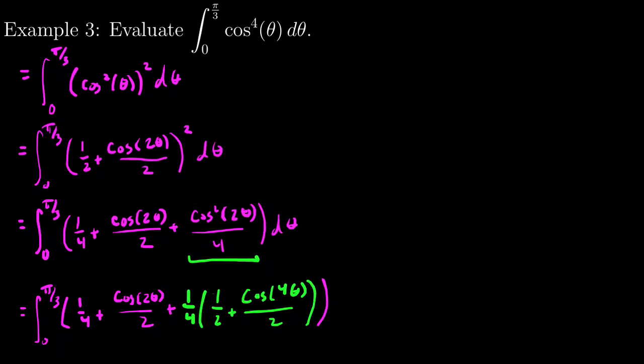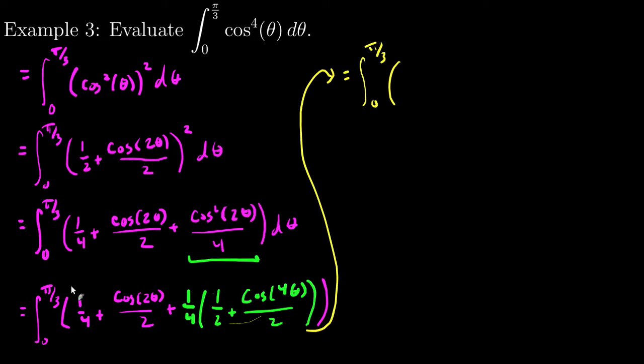And I'll save myself a little bit of time and I'll change some colors here. So I will distribute this through and get 1/8. So let me put this in, equals integral from 0 to pi over 3. 1/4, which is 2/8, plus 1/8 is 3/8. There is no like term with this cosine 2 theta because this is a cosine of 4 theta.